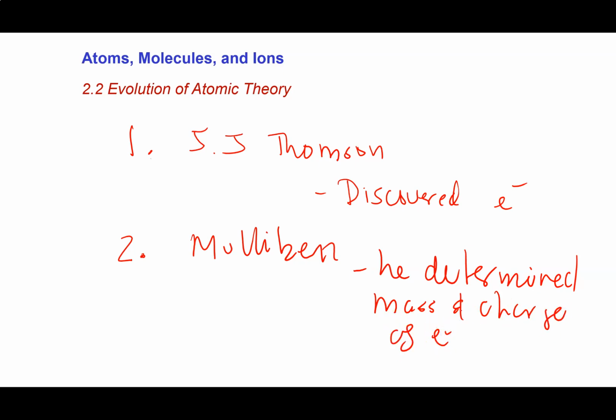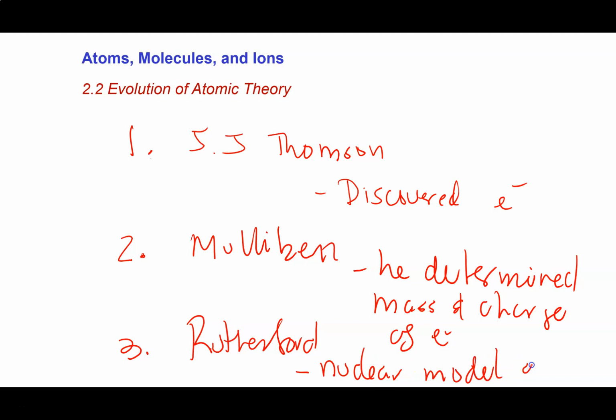So he completed the characterization of the electron. And then finally we have Ernest Rutherford, and what he did was determine the nuclear model of the atom. So we're going to talk through each of these three experiments and talk a little bit about some of their consequences.